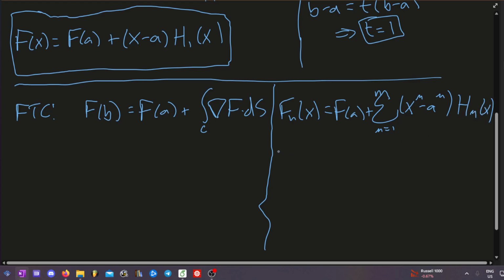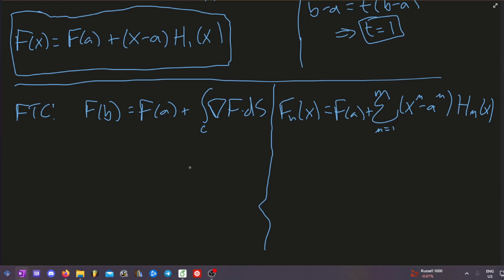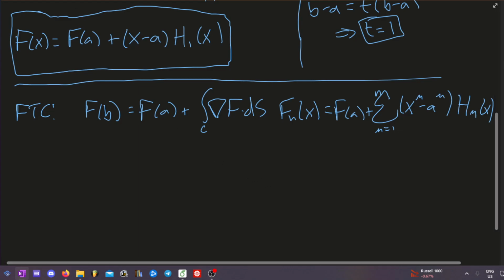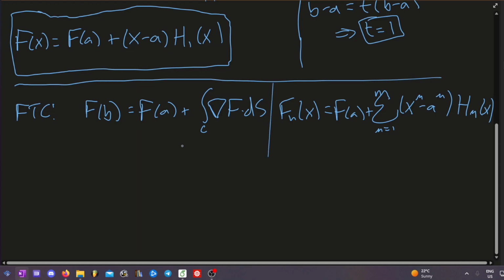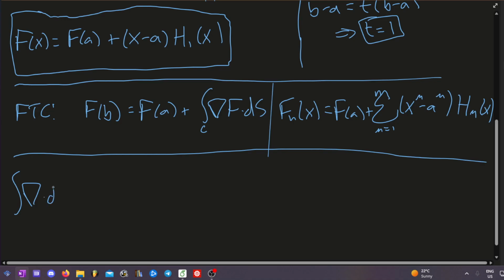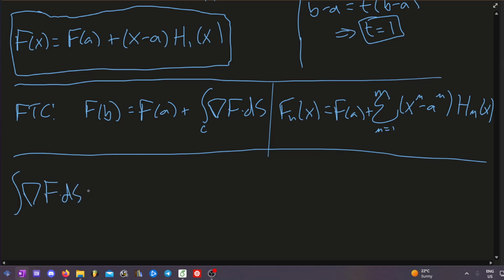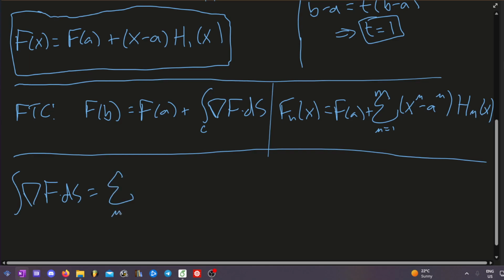If you compare the fundamental theorem to the right-hand side, obviously we already have the f at a term, so really all we have to prove here is that this integral of nabla f ds can be written as this sum over mu up to n of x mu minus a mu times h mu of x. So this is what we want to show. If we can show this, the proof is done.